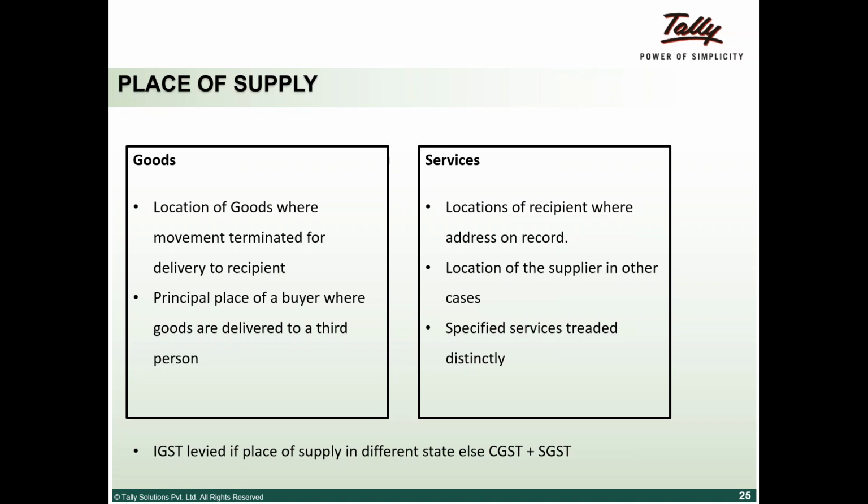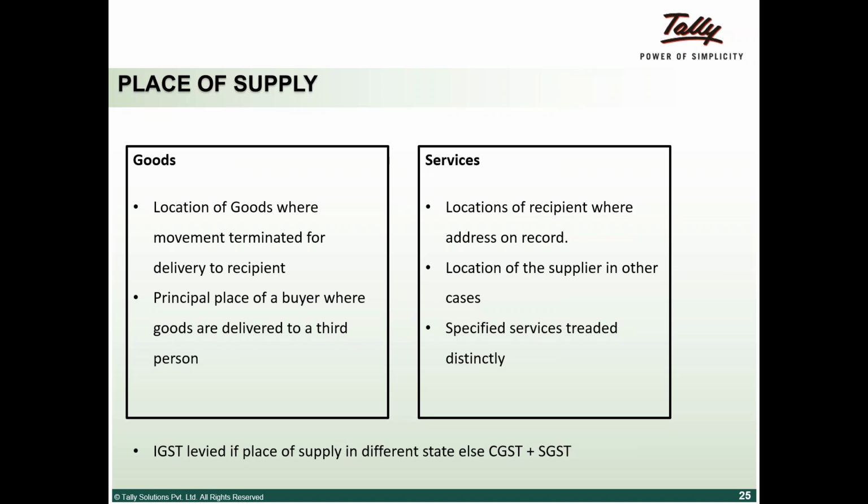Even though the material has moved from Karnataka to Tamil Nadu, here the bill to ship to concept comes in. I'll explain only the transaction between Hindustan Lever and the SSI unit. Even though the material is moved to Tamil Nadu, it becomes a local sale with SGST.